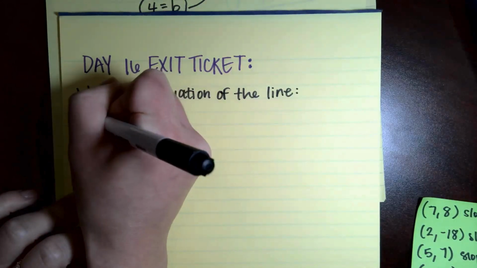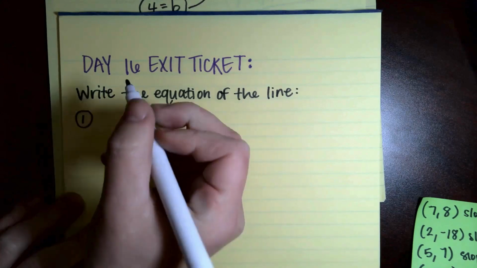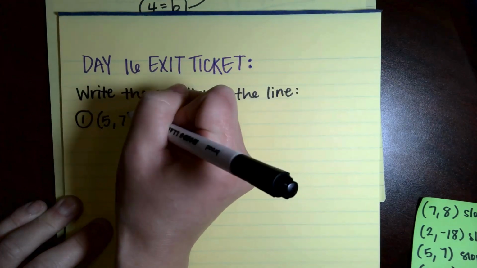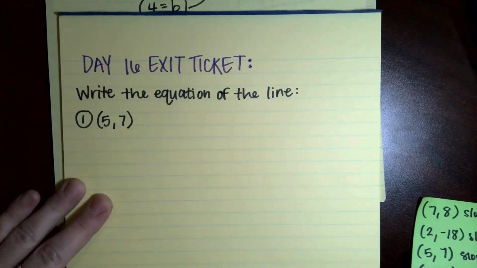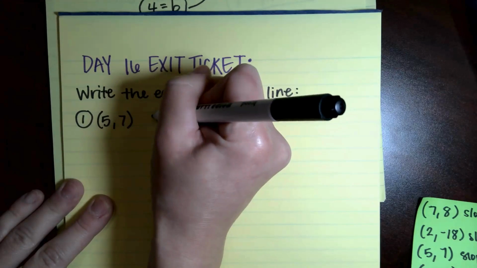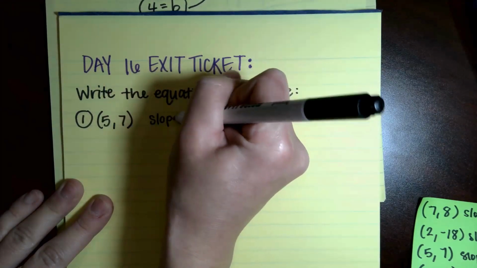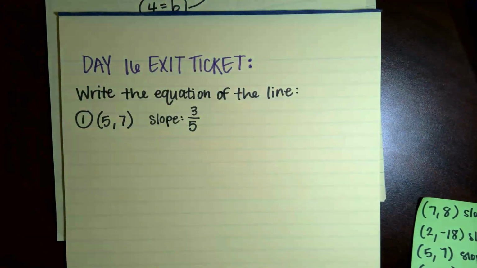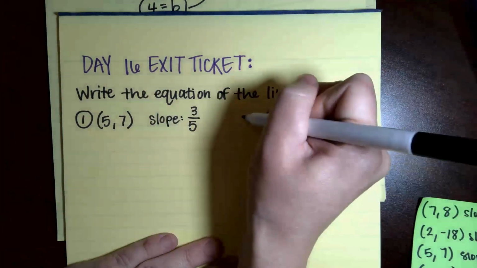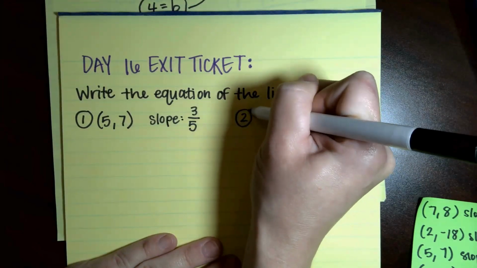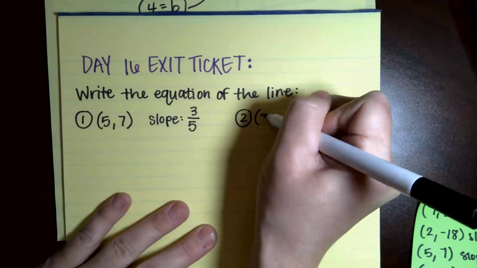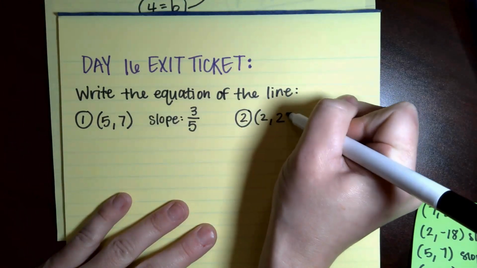So for number 1, you will be given the coordinate 5, 7. And this is going to have a slope of 3/5. And then for number 2, I'm going to give you the coordinate 2, 25.